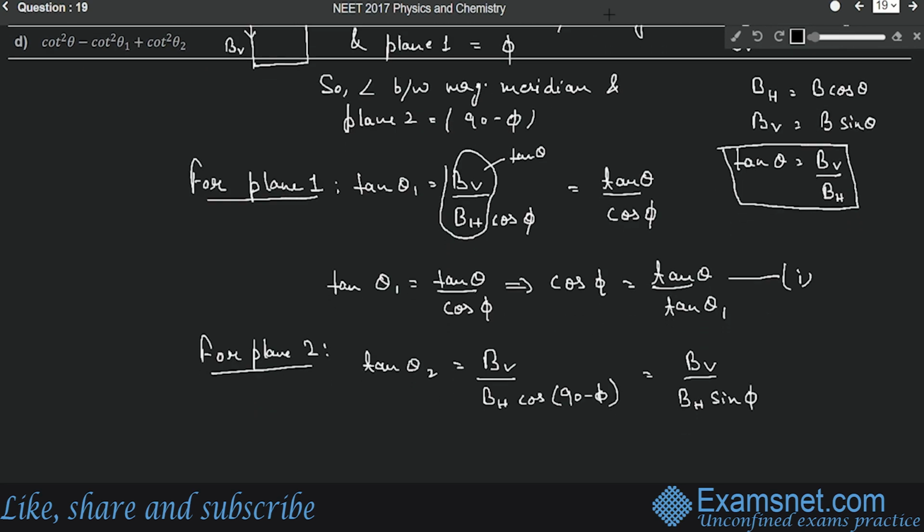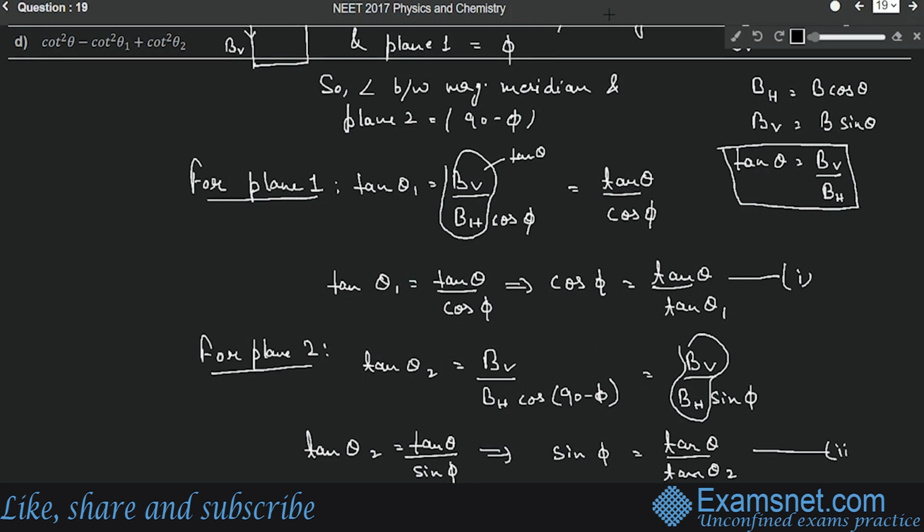So we got tan theta 2 equals, this BV by BH can be written as tan theta, so tan theta upon sin phi. This means that sin phi will be equal to tan theta divided by tan theta 2. Let's say this is equation number 2.